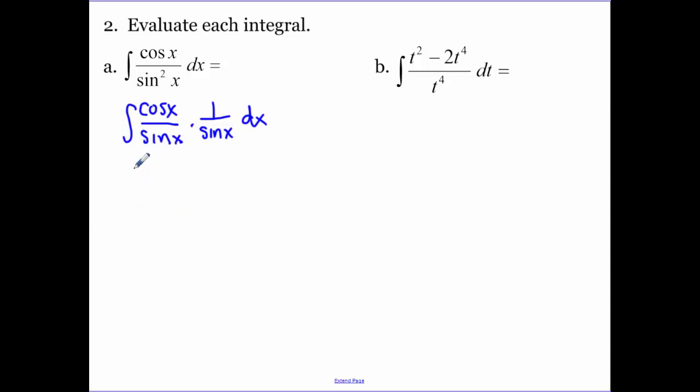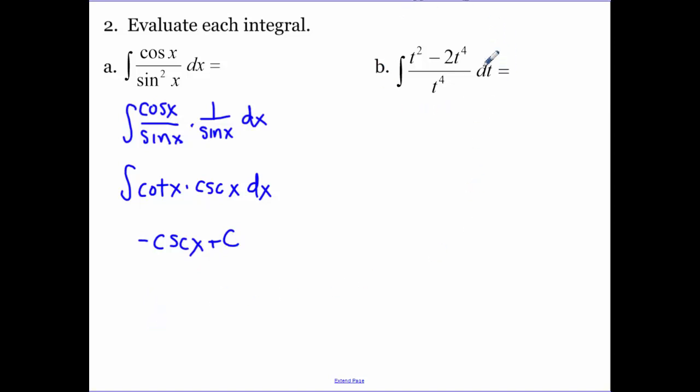So cosine over sine is cotangent. 1 over sine is cosecant. Don't forget your dx. Now, what function's derivative is cotangent cosecant? That's the negative cosecant of x. And don't forget your plus c.